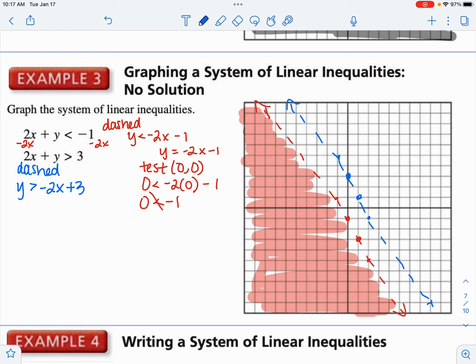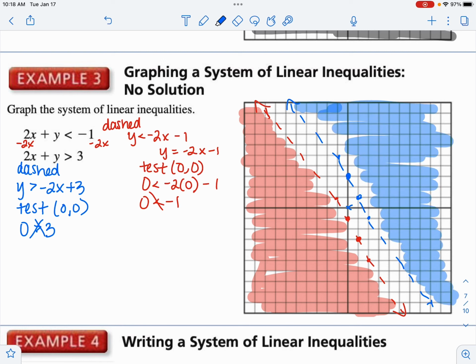So I'll test 0, 0. So remember, you want to ignore the red line and the red shaded region completely. Just pretend like only that blue line is there. Let's test 0, 0. So 0 is greater than 3, which is not true. So that means that I'm shading the opposite side. And what we have here is no solution because there's no overlap.